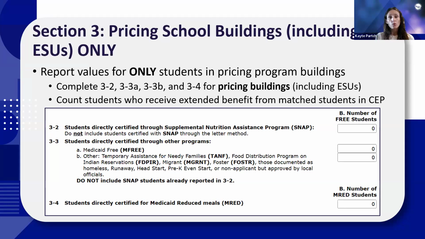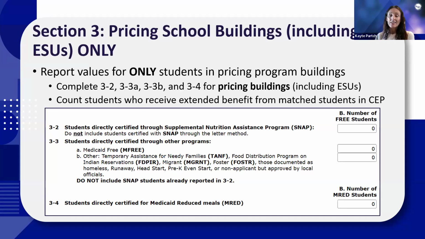But if a student enrolled in school A, the CEP school, is on the direct certification match list for SNAP, that student won't be counted and included in the total for question 3-2. However, if they have a sibling or another enrolled student residing in the same household with them, that SNAP matches meal benefits extend to the student enrolled in another building that is not a CEP building, one that does the traditional free, reduced, and paid pricing method.